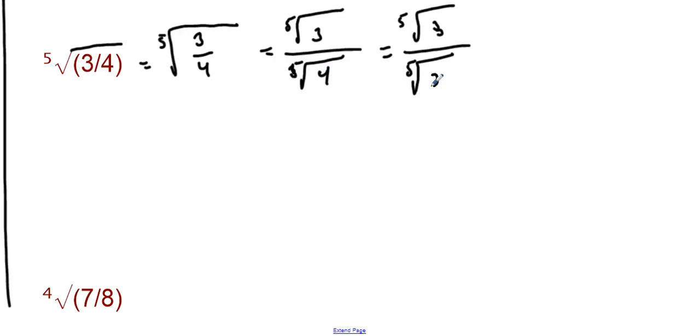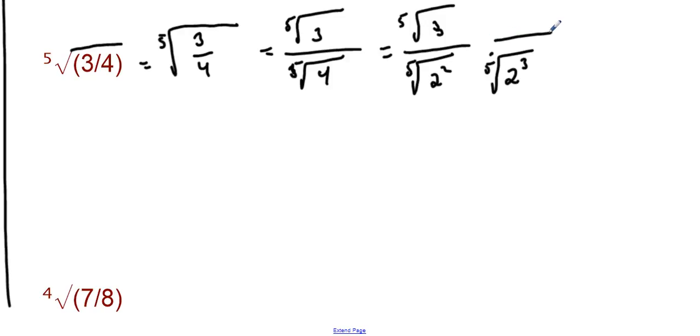Now 4 is actually 2 squared. Now we're going to multiply this by 2 to some power that will give me a fifth power. Well, the fifth root of 2 to the third, if I multiply these together, I'll have 2 to the fifth, right? And the fifth root of that will just turn to 2.